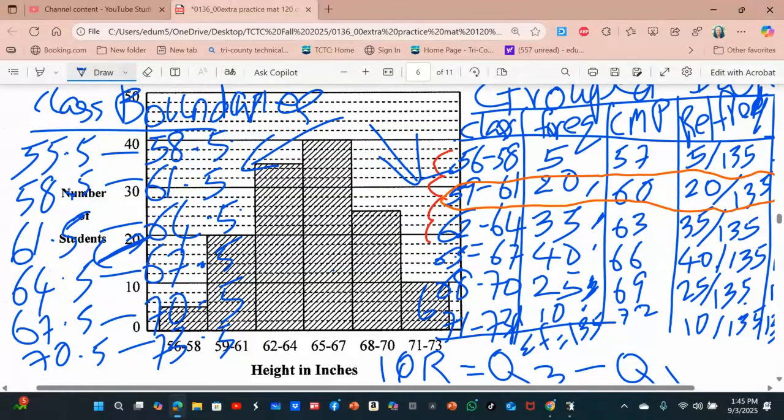We have been talking about group data. We covered class boundaries, class width, class limits, class midpoint, relative frequency, and cumulative relative frequency. We found the interquartile range.